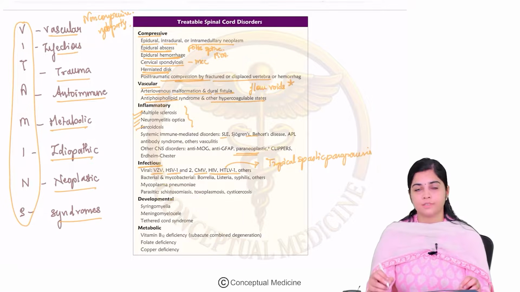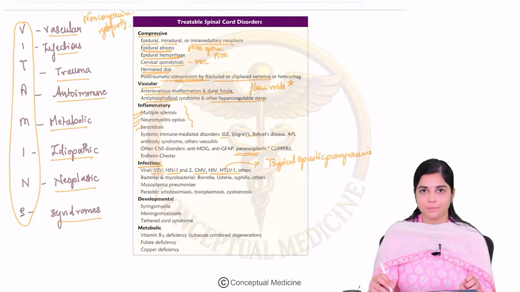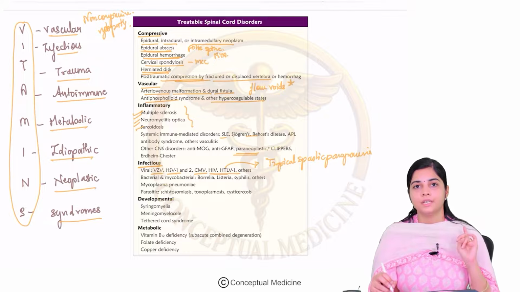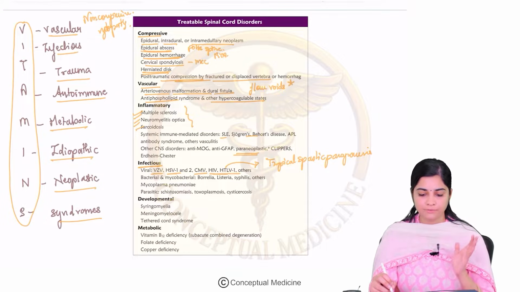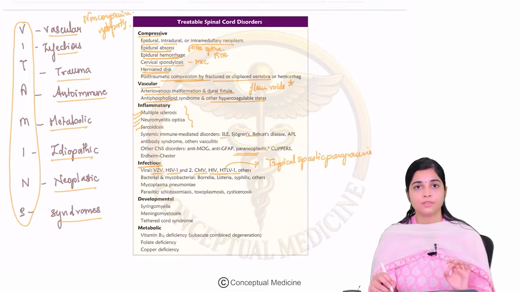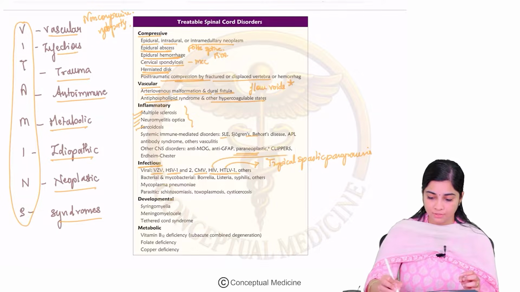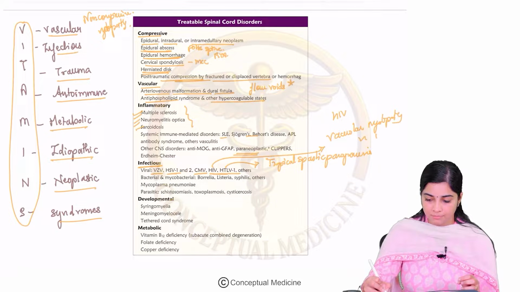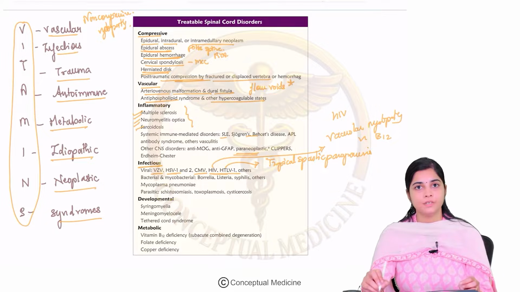HIV in itself during its seroconversion period can cause a type of non-compressive myelopathy. And HIV in its chronic form can cause a non-compressive myelopathy which is called HIV vacuolar myelopathy, which is similar to your B12 deficiency.